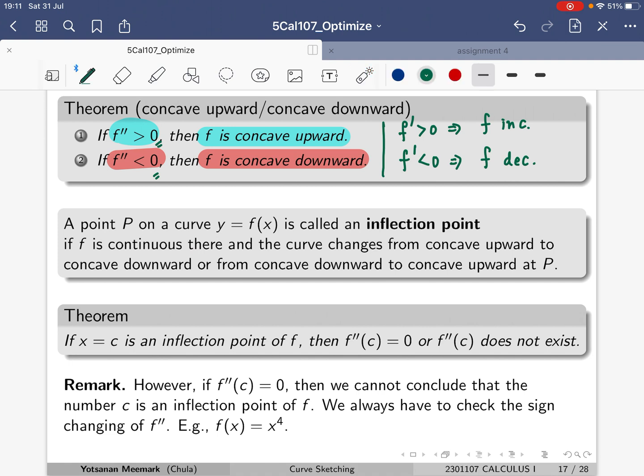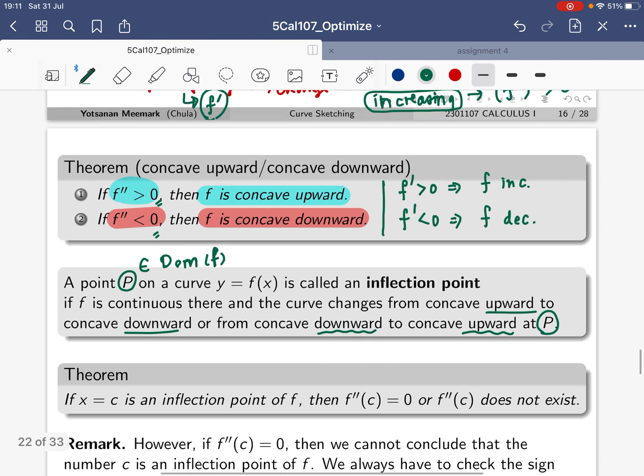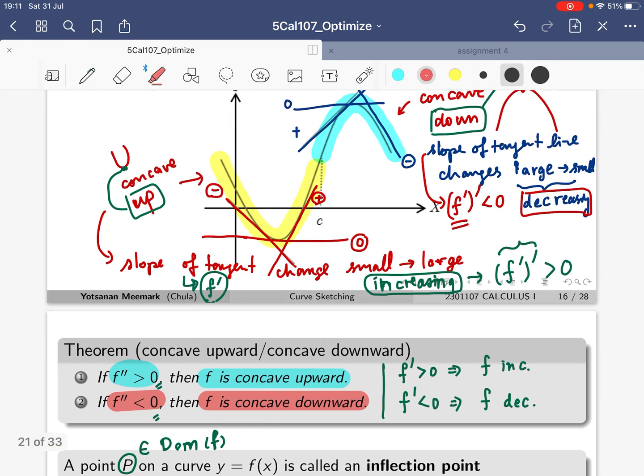So first of all, this point P must be inside the domain of the function f under consideration, and then the curve changes concavity from upward to downward, or the other way around, from downward to upward, at this particular point P. For example, you may see that this point C here is the point that changes the concavity. From upward, passing this point, it starts to go downward. So here is the inflection point.